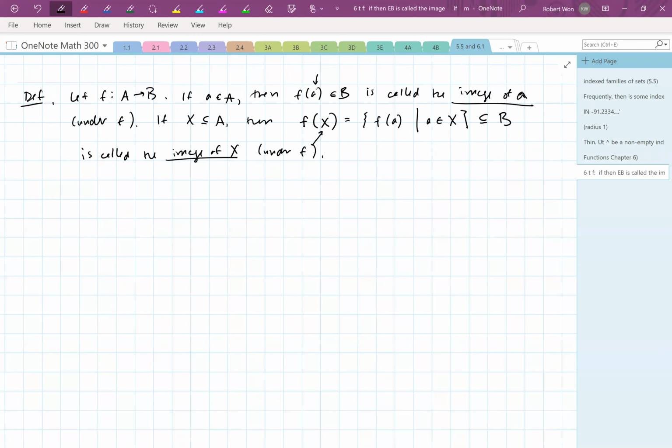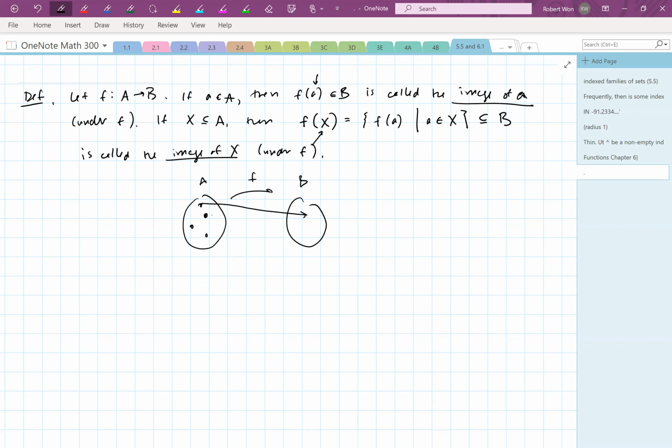So you use the word image to mean what the function maps your set to, or what the function maps your element to. The picture here is if you have a function from A to B, like this, you have some elements here, and they map to some elements here.